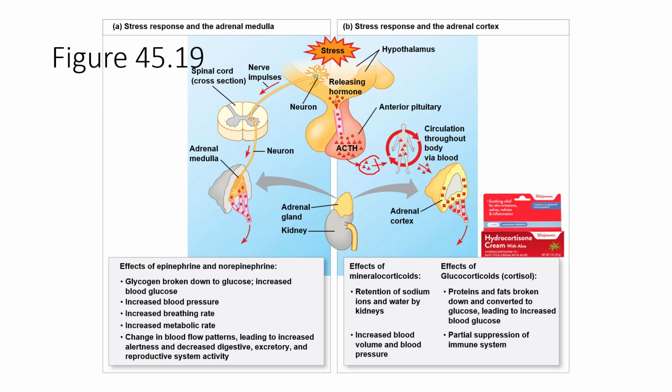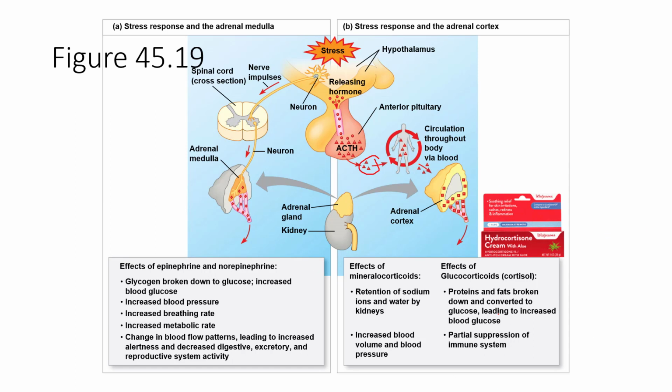In this case, it's going to cause the adrenal cortex to release mineralocorticoids, which is going to increase sodium ion retention. So when you hold on to sodium ions, water follows. Therefore, you hold more water, you're going to increase your blood volume, thereby increasing blood pressure. You're also going to produce glucocorticoids or cortisol, the same stuff in hydrocortisone cream. That's going to help break down fuel into glucose, and it's going to actually repress the immune system a bit, kind of putting it on hold while you are in this stressful situation.